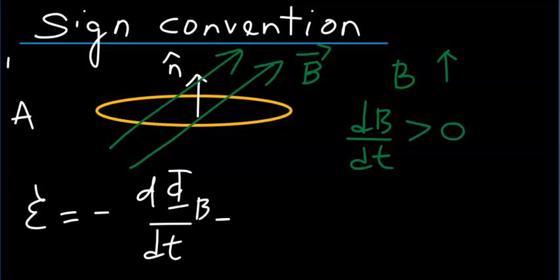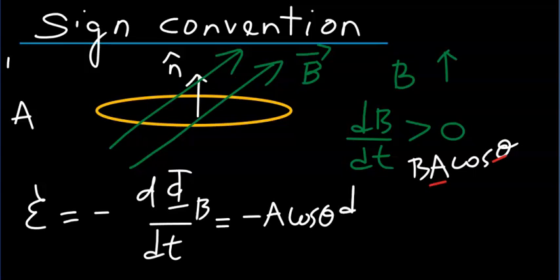What that means is, since magnetic flux is given by BA cosine theta, and let's assume that in this example the area is constant and the theta is constant. So the expression for the induced EMF would simply become minus A cosine theta dB dt.